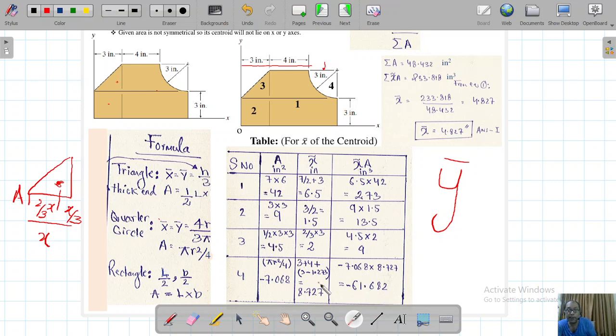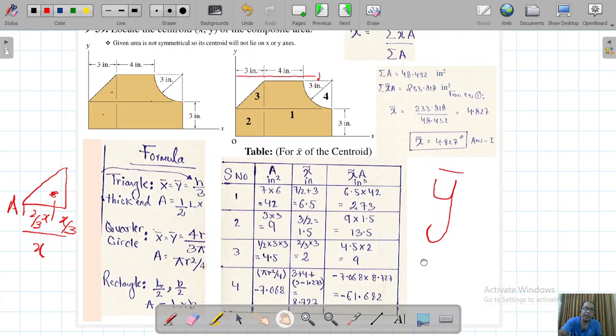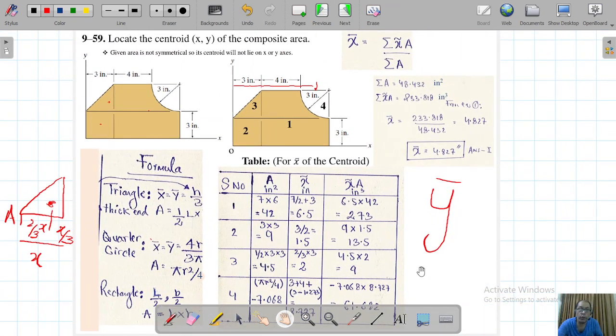Now what is your next step? The formula says that for all x tilde into A, you add them. So when you add all these x tilde into A, 1, 2, 3, and this is the minus 1, you will get a value of 233.818.